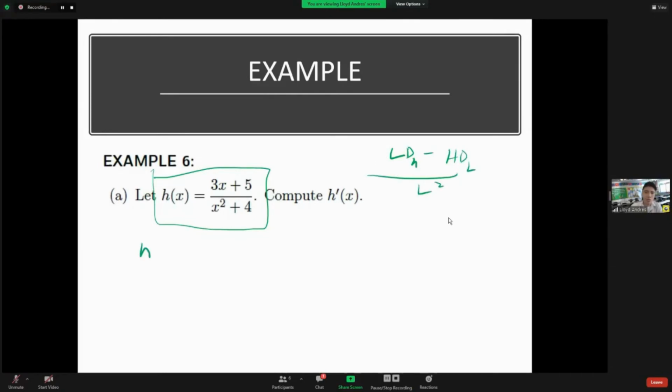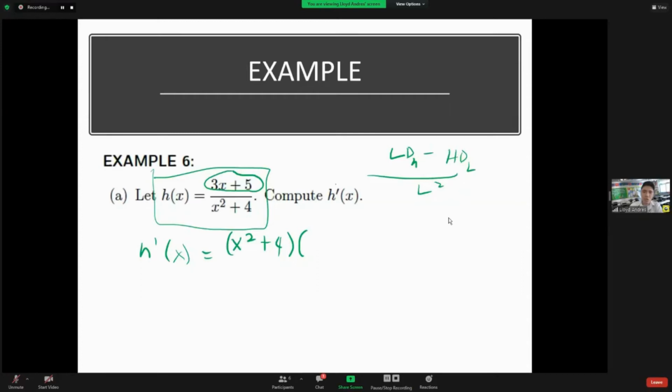Solving for the derivative of h of x, low: we just copy the low, x squared plus 4, the denominator, times the derivative of the high. For the high, we differentiate it. By the way, the verb for derivative is differentiate. So we differentiate 3x plus 5.